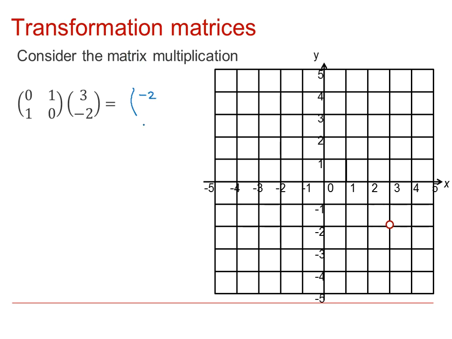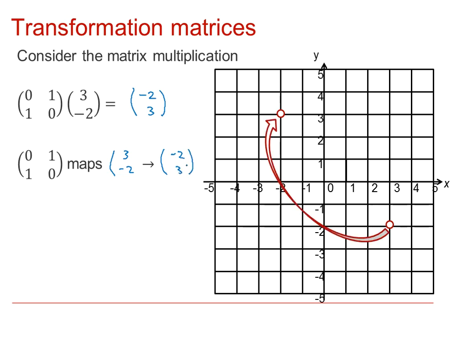Then we multiply the (1, 0) by the (3, -2), which gives us 3, which is our image. So there's the image, (-2, 3). So (0, 1; 1, 0) maps the point (3, -2) onto the image (-2, 3). So there's the mapping.